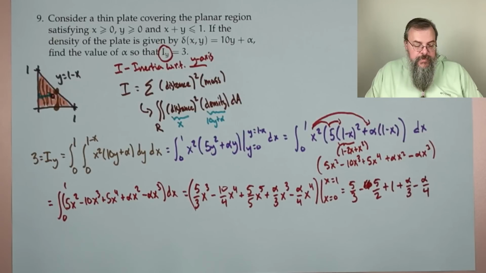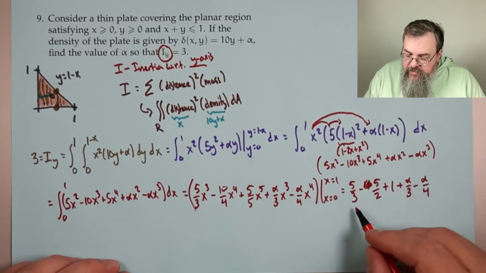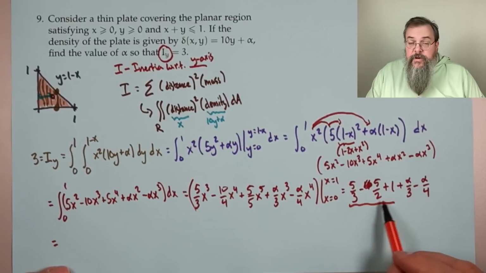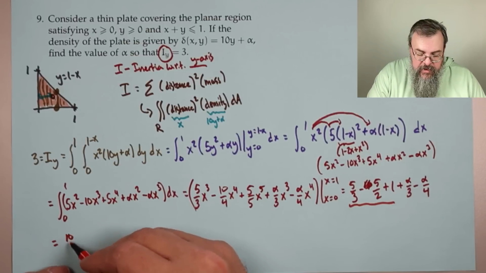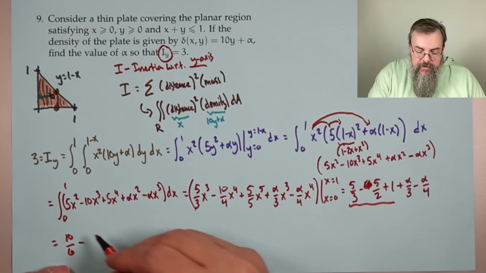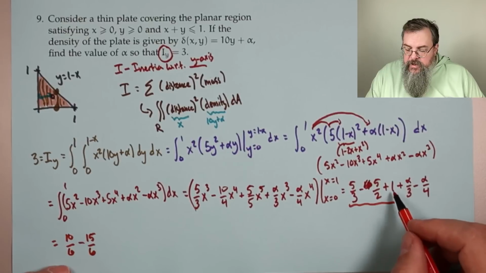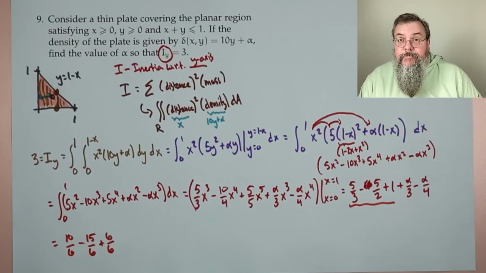Okay, well, we're almost there. Let's clean it up. So let's say first with our constant terms, what do we have? We have a 3 and a 2, so let's do this over 6, right? So we'd have 10 over 6 minus 15 over 6, and then plus 6 over 6, right?